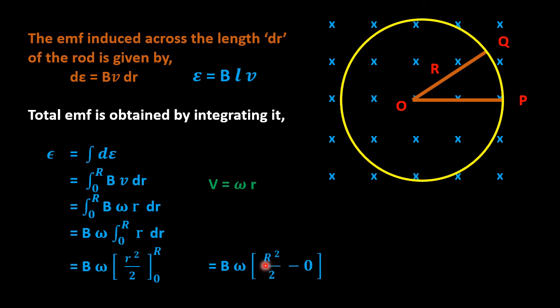Upper limit is capital R, so capital R square by 2 minus the lower limit 0. So 0 square by 2 is 0 only. So at last we get the total EMF induced equals B omega capital R square by 2. So this is the expression for the total EMF induced.